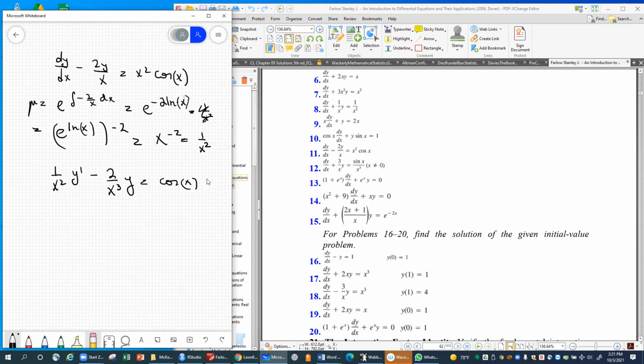Minus 2 ln x. Why does that come out as x to the negative 2? Well, e to the ln x is x, so it's just x to the minus second power. That's it. Why is it not minus 2x? Why does it come out as x to the second power, not the minus 2x?